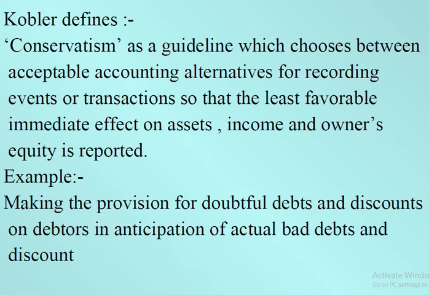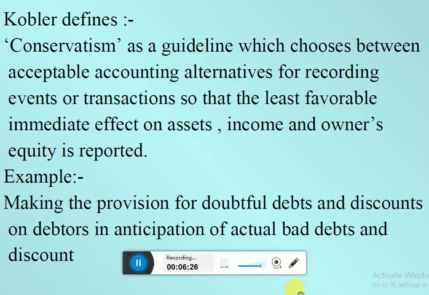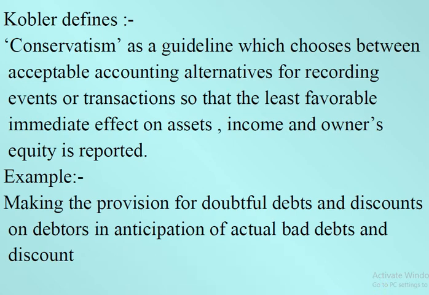So conservatism is a guideline which chooses between different acceptable accounting alternatives for making a good record of economic events and transactions, so that at least favorable immediate effect on assets, income and owner's equity is reported.